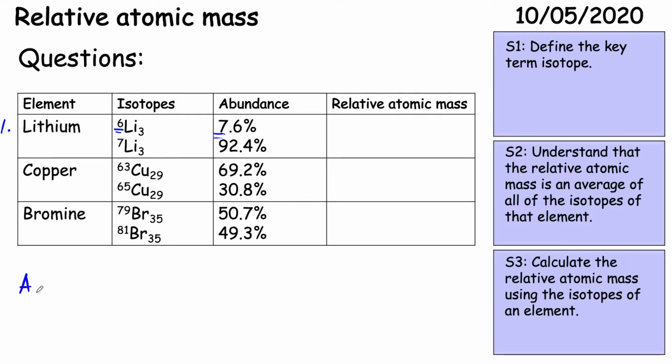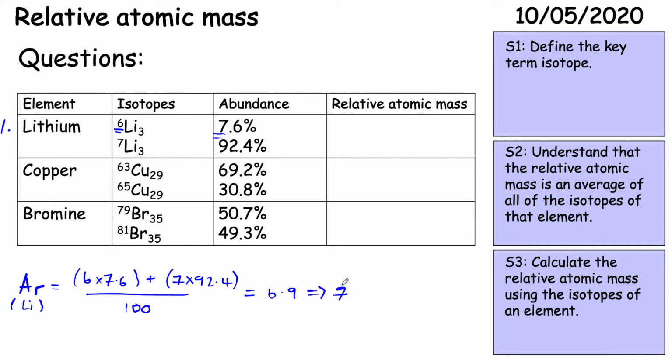So the Ar of lithium equals 6, the mass, times the abundance, 7.6 for the first isotope, added to the second isotope, which is 7 multiplied by 92.4, and then divide all that by 100, and you'll get 6.9, or rounded up to a whole number, you'll get 7. And that should be the same in the periodic table. So if you want to check any of these answers, look at the periodic table and the number should be the same.